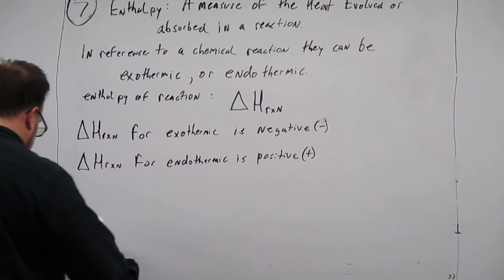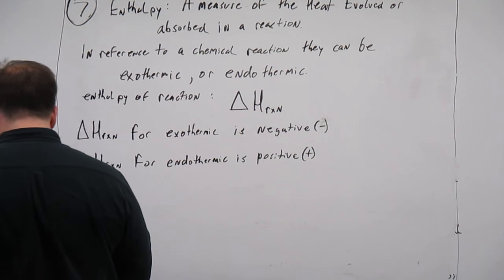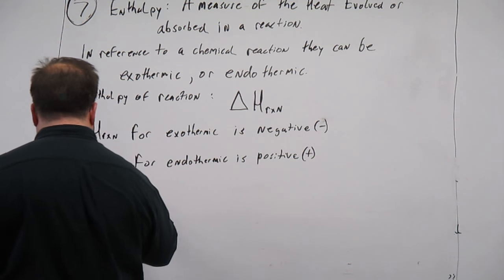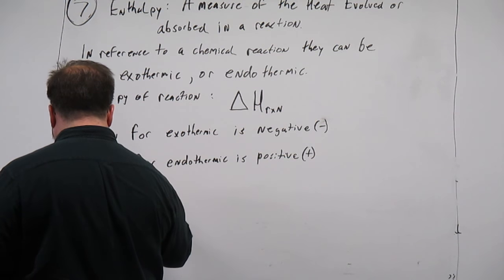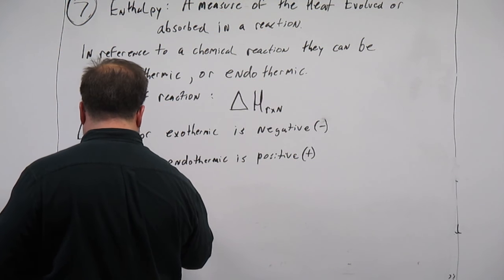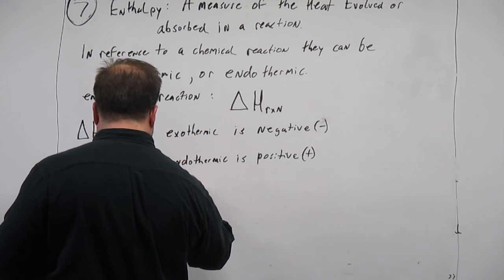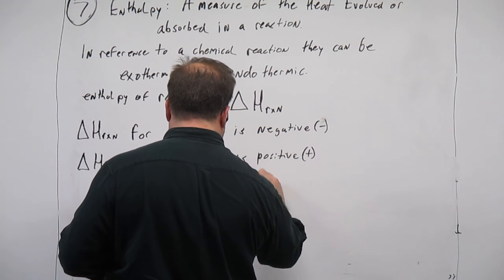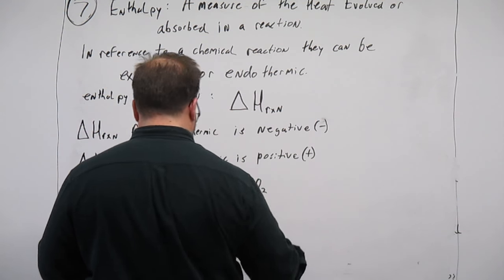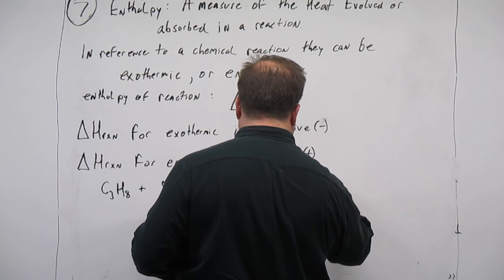All right. Now let's pick another chemical reaction. Let's pick a chemical reaction of C3H8 plus 5 O2 gives me 3 carbon dioxides plus 4 H2O.